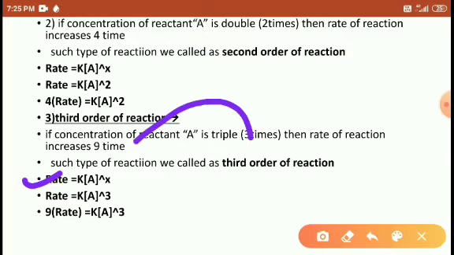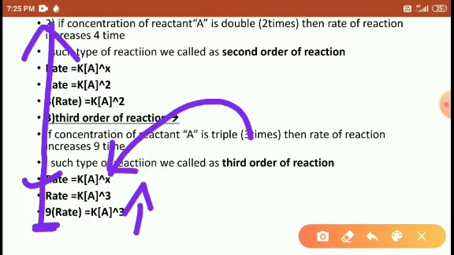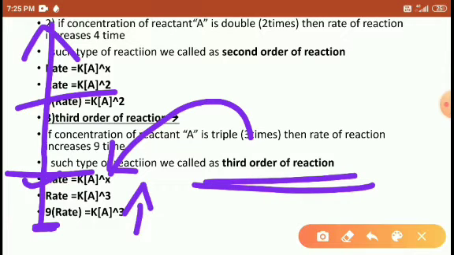We are increasing the concentration 3 times, then the rate increases 9 times, it means triple. That's why it is called the third order of reaction. Understood, students? I hope you understood.